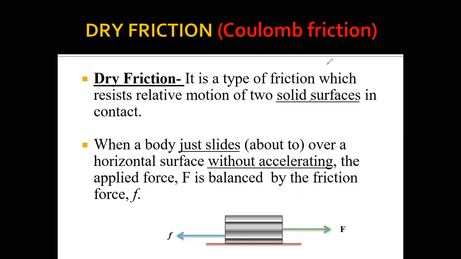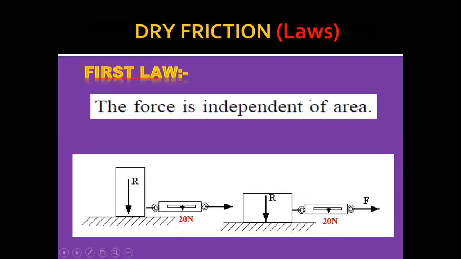Okay, so moving on, the first law of friction says frictional force is independent of area. That's the first thing you have to note. Frictional force is independent of the area.